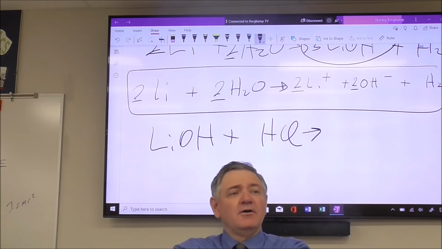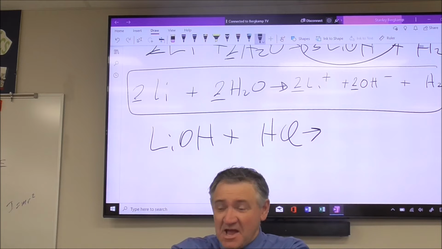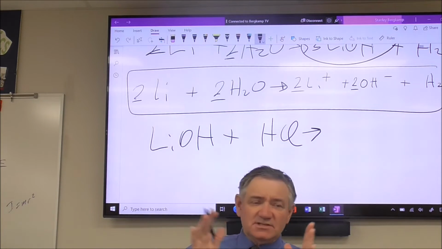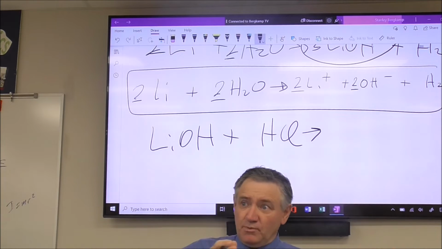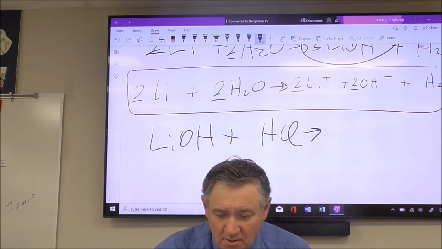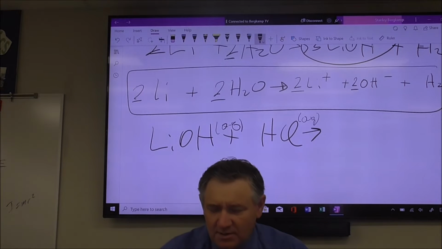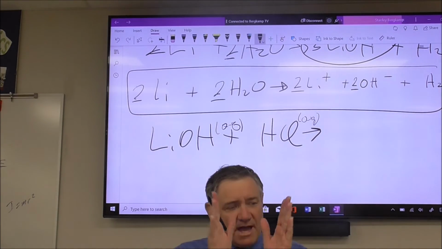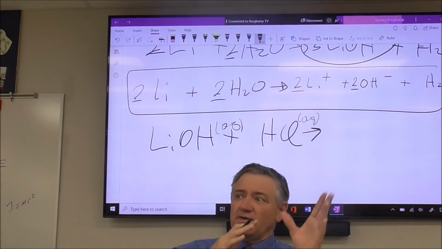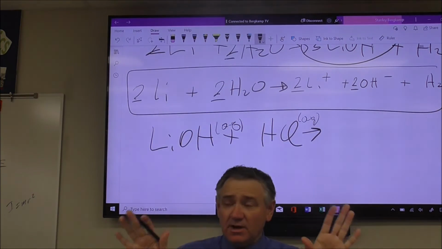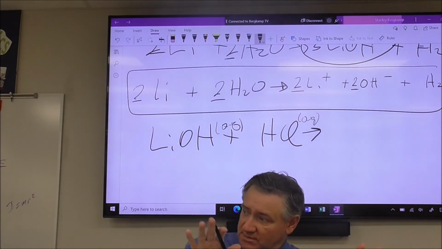Okay. Now, here's the deal. Notice that everything here is soluble. Group 1, boom. So this is going to be an aqueous form of hydrochloric acid and an aqueous form of lithium hydroxide. They have to be this way because that's the only way they're free to mingle. If they're locked up, they can't do this.